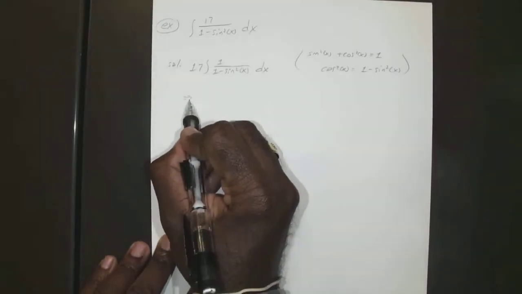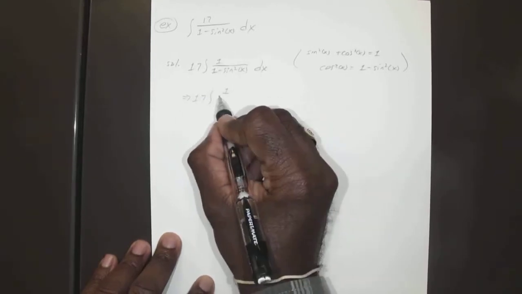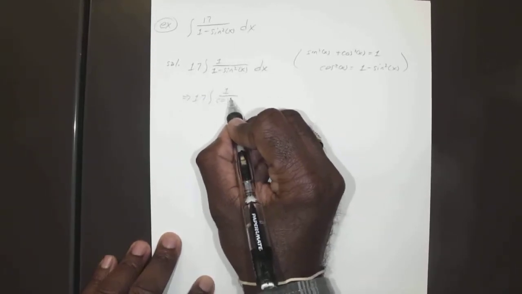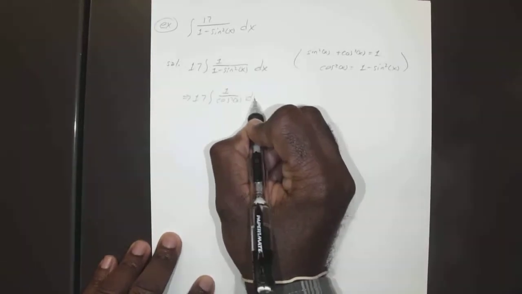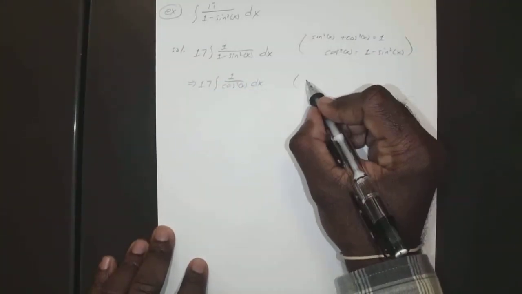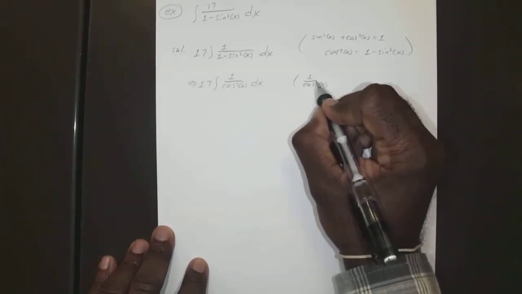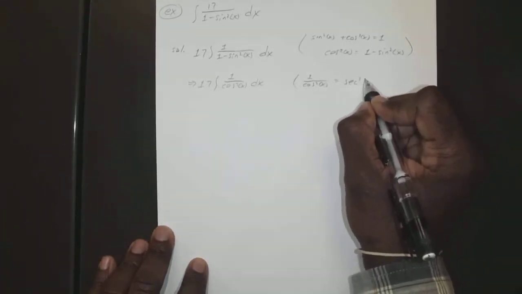So that turns this into 17 times the integral of 1 over cosine squared of x with respect to x. Now, you also remember that 1 over cosine squared of x is equal to secant squared of x.